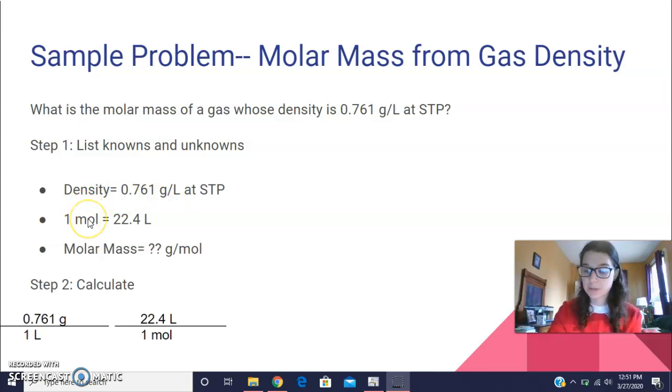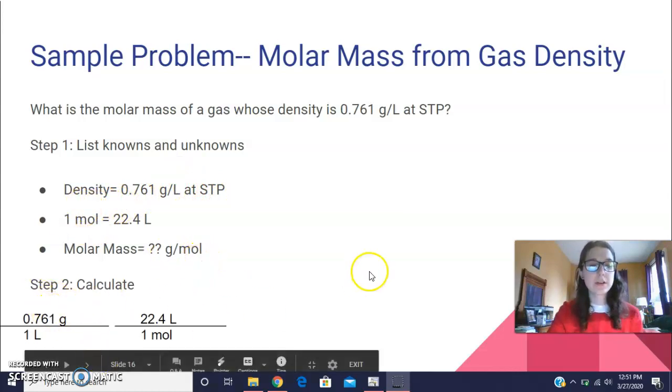At standard temperature and pressure, we know that 1 mole is equal to 22.4 liters, and we are solving for molar mass, whose unit is grams per mole. So again, here we have a known that's in grams per liter. We have a conversion factor that converts liters to moles, so we can easily change this bottom unit of liters to moles to get grams per mole.